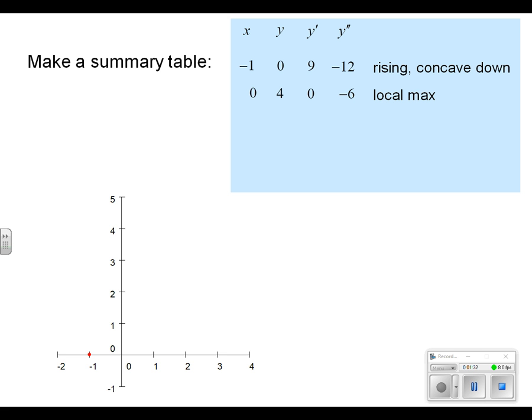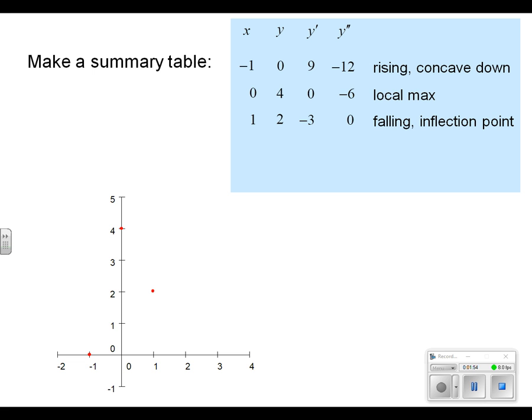So at 0, our function is 4, and y prime was 0. So that's going to be our local max. See up there at 0, 4. And then at 1, 2, it's a negative slope, and y double prime is 0. So that's our inflection point.